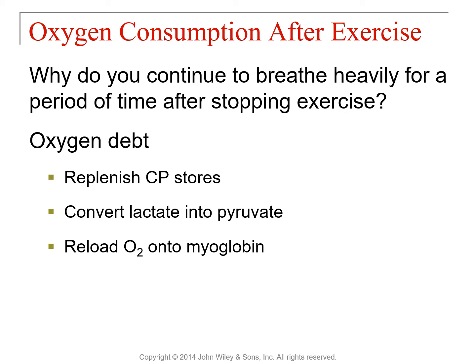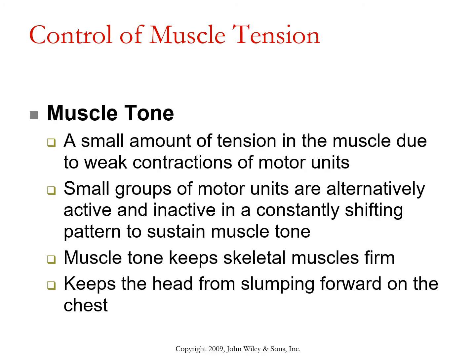Note that the glycogen stores are also replenished by glycogenesis from dietary glucose. It is also used to reload oxygen onto myoglobin proteins within the muscle cells so that oxygen can be stored and be made available for future contractions.